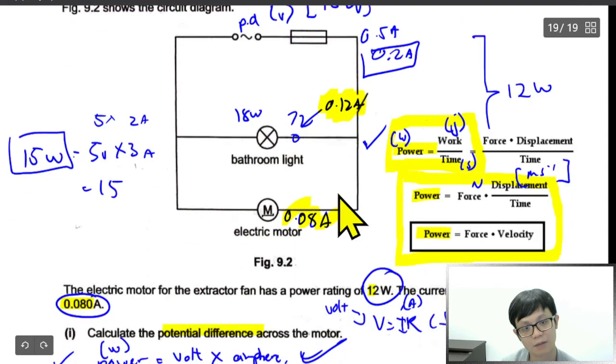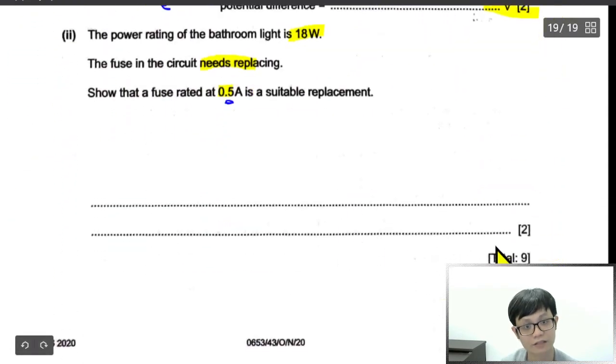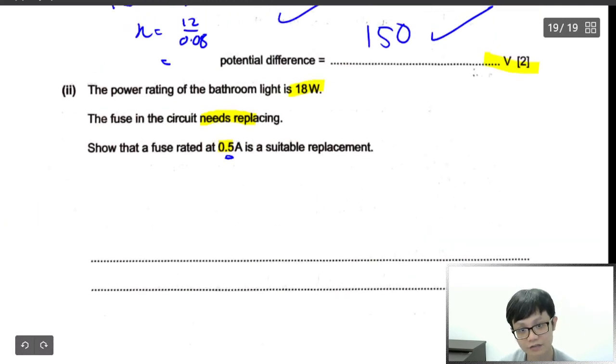Okay. So now, this is a 2 mark question. We need to do the formula and then we write out the answer. So let's do the formula.